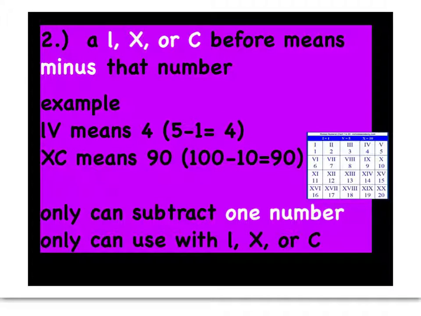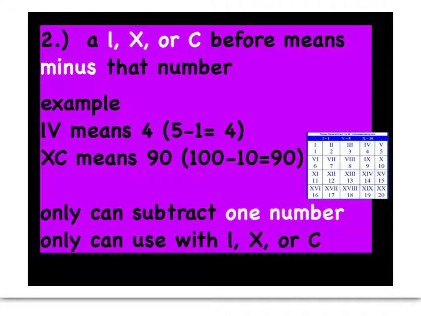Let's look at the number 90. Well, 90, since we have an X before, that means we're going to minus, and we know that X means 10 and C means 100. So basically, we're going 100 minus 10, and we'll get our value of 90 because this X is in front.